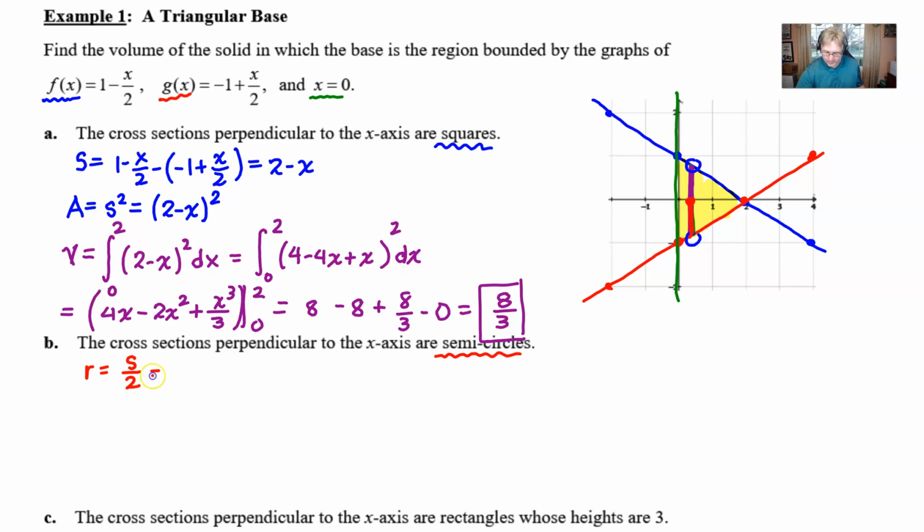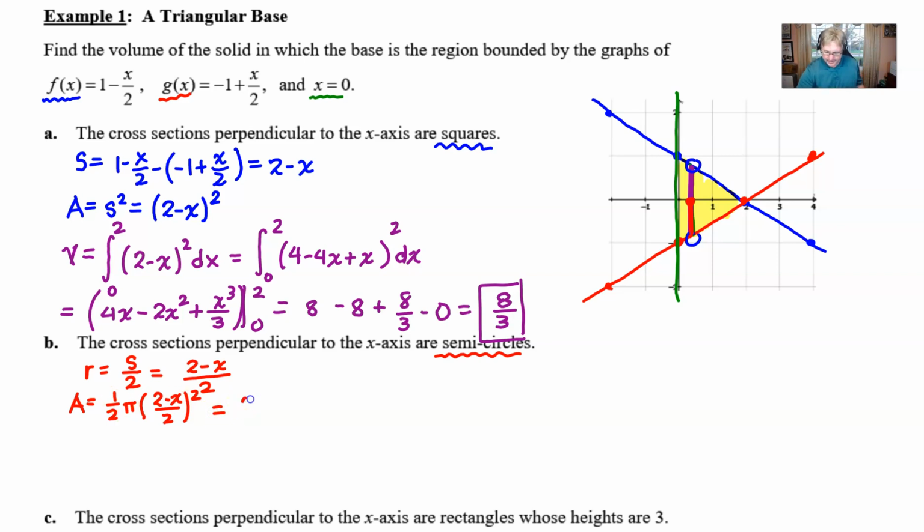And so what we have here is that r is (2 minus x) all over 2. Now, how does that manifest itself in our formula? Well, we're going to notice then that area is 1/2 pi times the quantity (2 minus x) over 2, squared. If you want to simplify that, I highly encourage it.